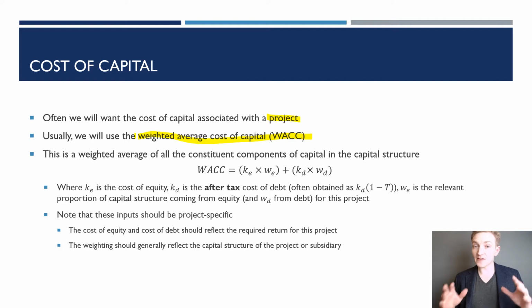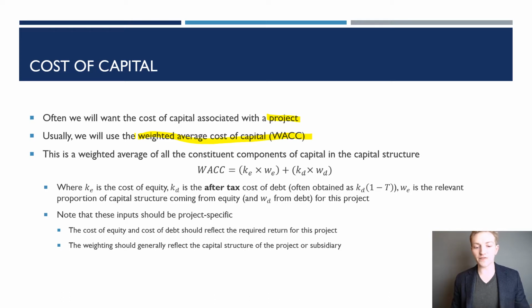Now, this is going to obviously be at a firm level, but if a project is financed in a slightly different way, i.e. a project mandates that the firm raise more debt or whatever the case might be, then you might use a project-specific weighted average cost of capital, reflecting the capital mix assigned to that subsidiary or to that project. That would also reflect the riskiness of that project, i.e. might reflect the underlying risk level that might have for the firm's equity or for the lenders.